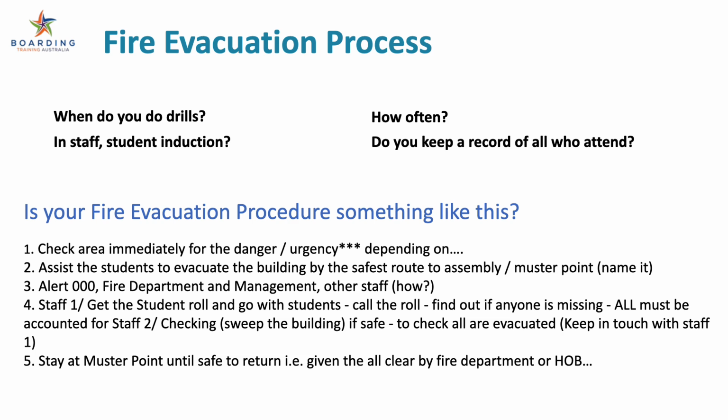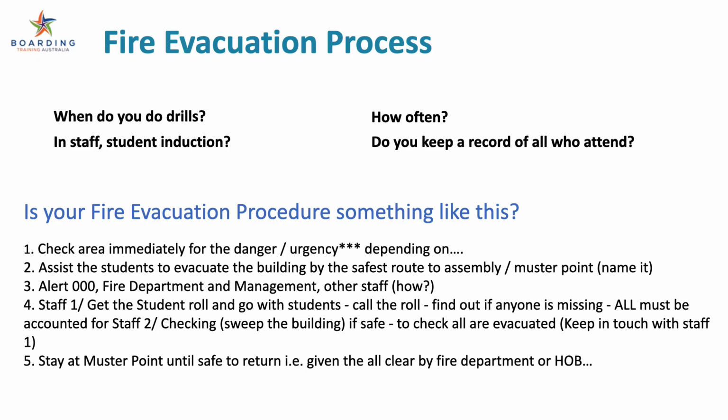So the fire evacuation policy would look something like this: checking the area immediately for danger and the urgency, and then assist the students to evacuate the building by the safest route to the assembly or to the muster point.